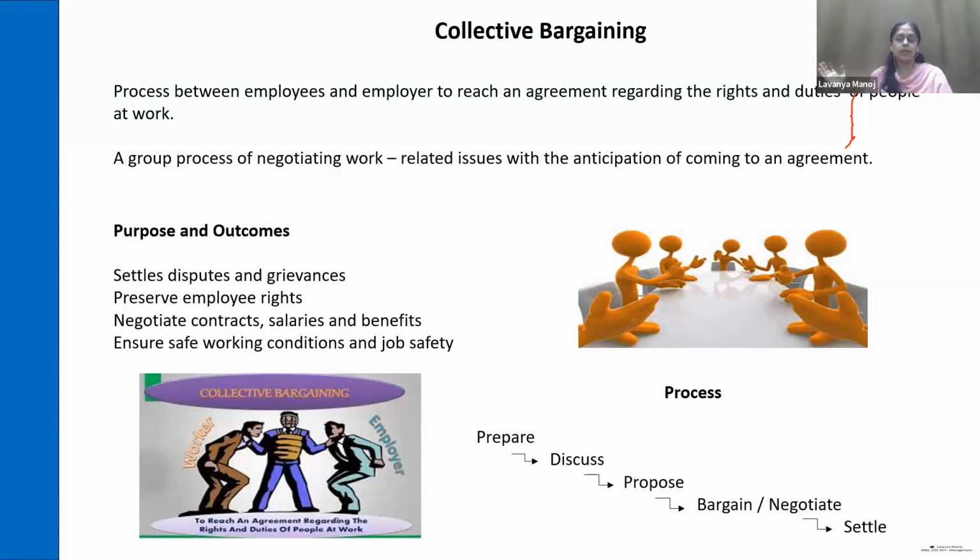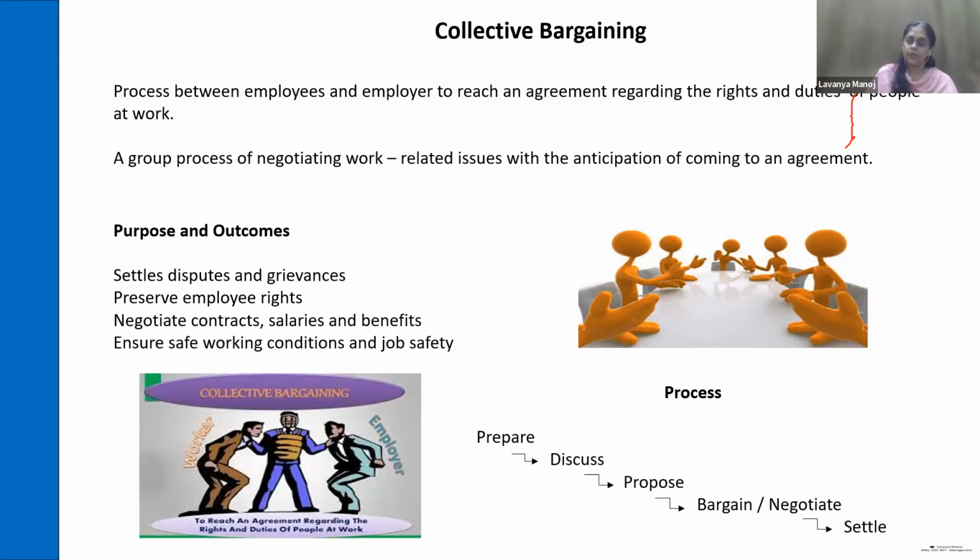Say if there are 50 requests from the employee side, not all 50 are taken for collective bargaining, but the most important 15 or 20 are prioritized. The union people discuss among themselves, discuss with the workers also, and then propose it to the management. They go to the management, propose those 15 to 20 points, and negotiate with them.